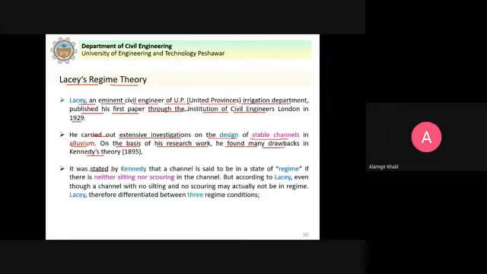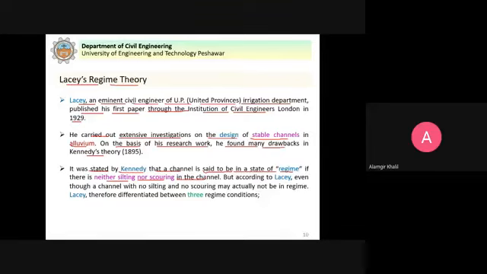It was stated by Kennedy that a channel is said to be in a state of regime if there is neither silting nor covering in the channel.